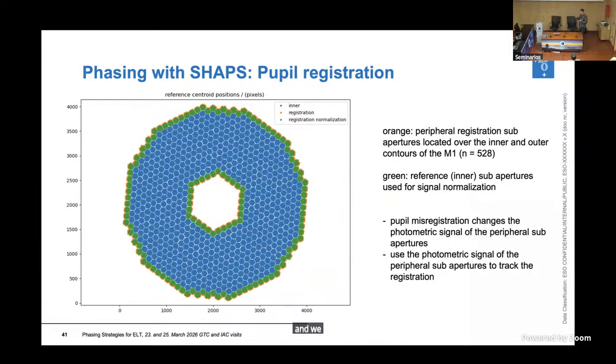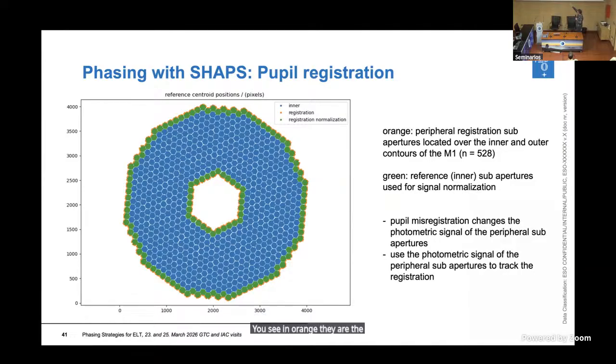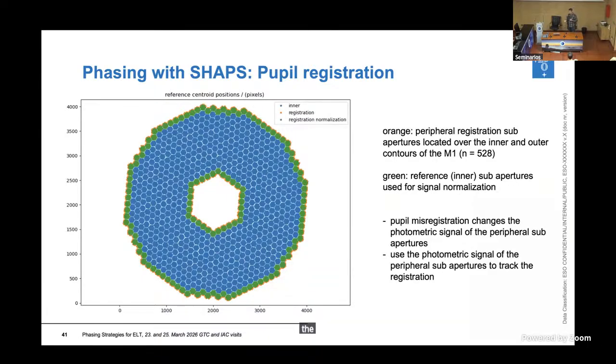We can use that signal to do registration, not only every other hour, but really frame by frame. This is the big advantage, and it's not wavefront disruptive. You see in orange the outer and inner peripheral registration subapertures. The green ones are important as well because we normalize the flux to the adjacent inner ones because of any segment reflectivity errors or any other error source. Normalizing gets you more robust.